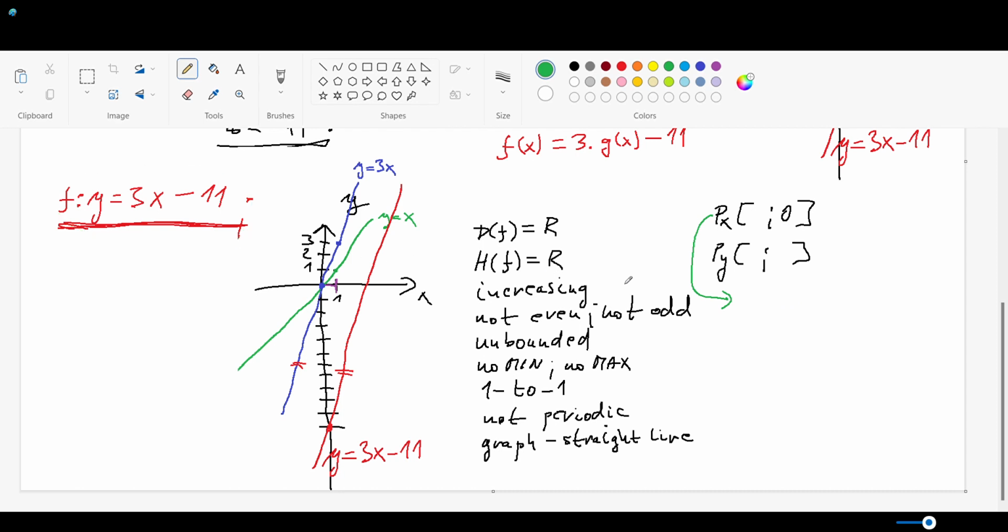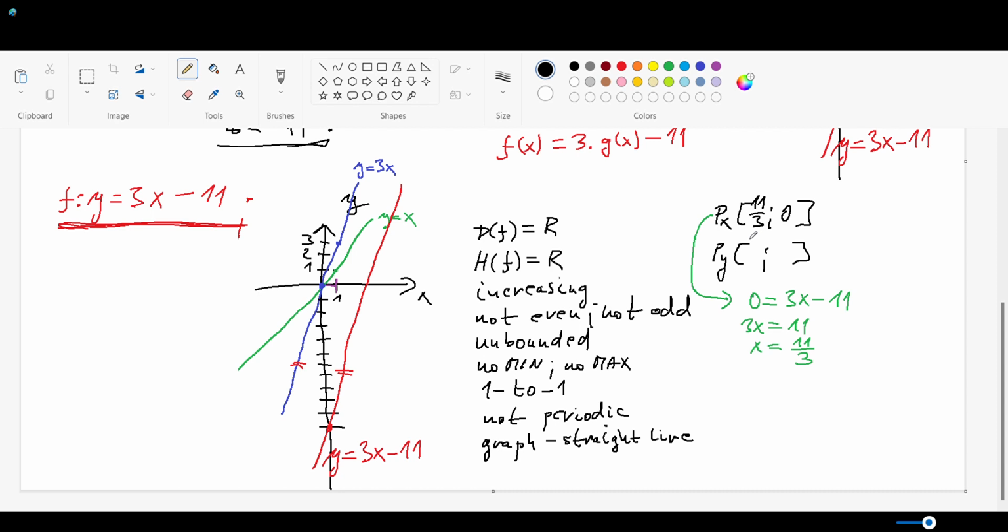We already know that y equals 0, so we use our equation and fill in all the information we have. It leads to the equation 0 equals 3 times x take away 11, which means 3x equals 11, so x must be 11 over 3.